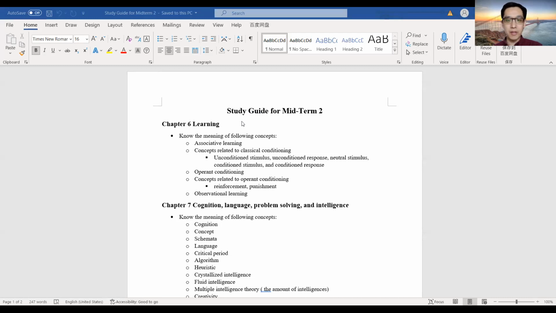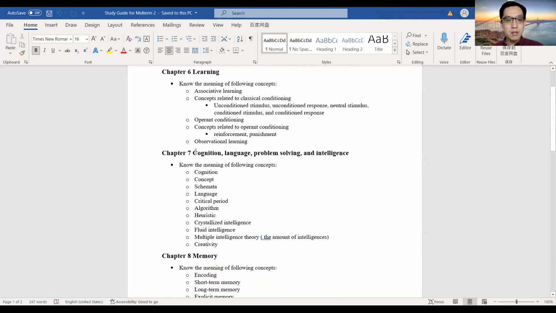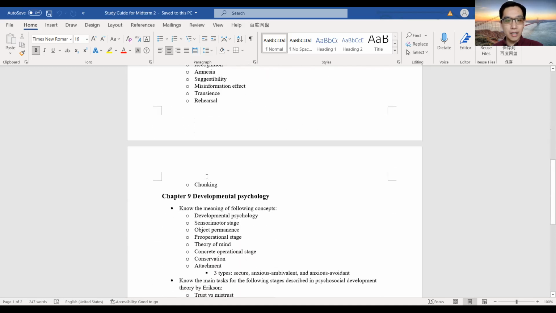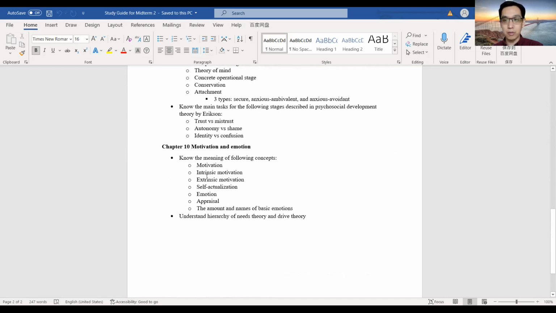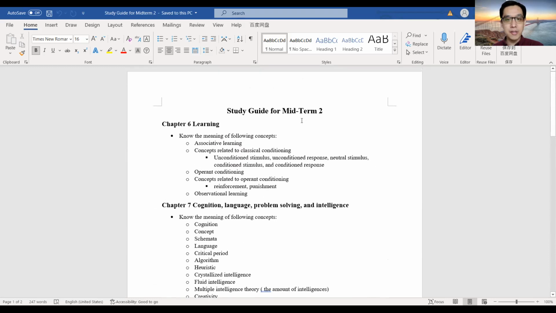In the second midterm, the content from 5 chapters will be covered: chapter 6 about learning, chapter 7 about cognition, language, problem solving, and intelligence, chapter 8 about memory, chapter 9 about developmental psychology, and chapter 10 about motivation and emotion. So these 5 chapters will be covered in the second midterm exam.